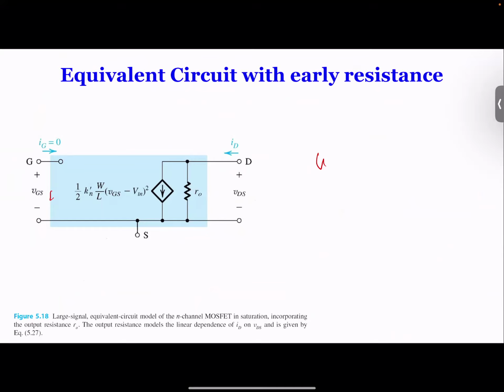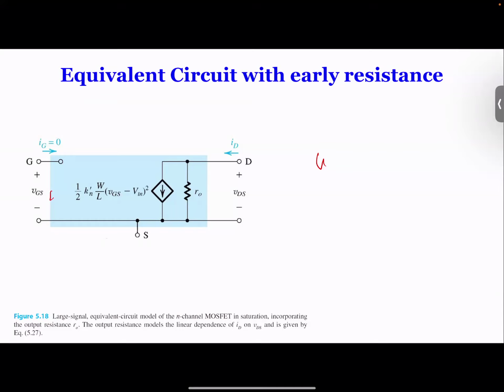So now you have really a controlled source, and then you have RO, which is the pinch effect or the early voltage that is related to the channel pinching effect. So this is the equivalent circuit, and RO is a number.